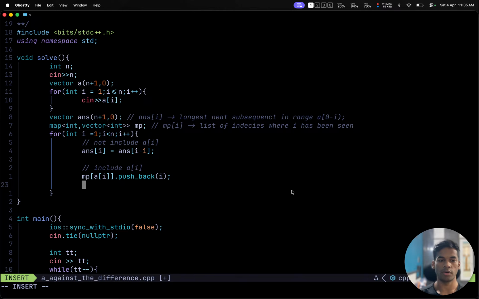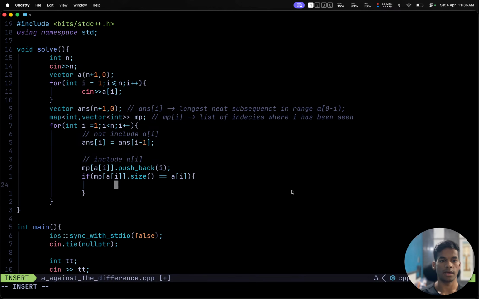Now if you want to include a i, we can only include a i if the size of this stack, a i size, is exactly equal to a i.